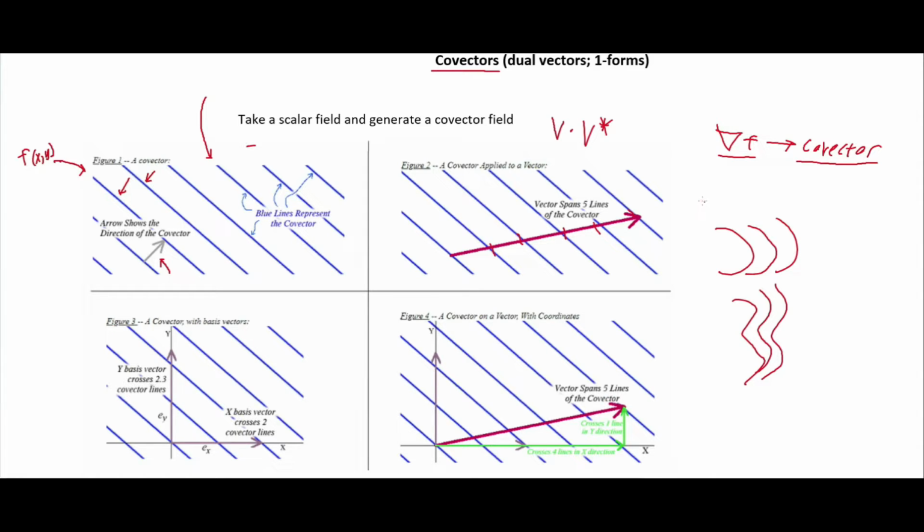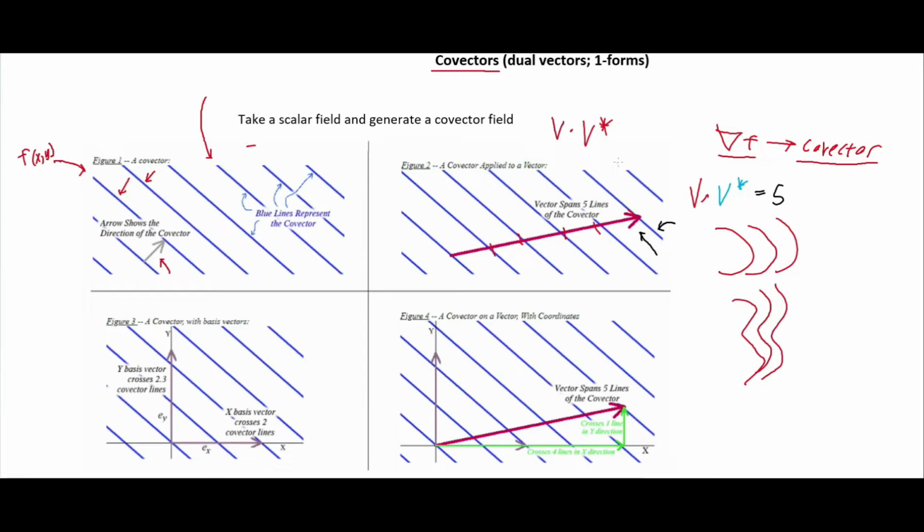And so what this would mean is that our vector dot with our covector, I'll put that in blue since those lines are blue, would be equal to 5. And so that is the dot product of this arrow here with this covector field.